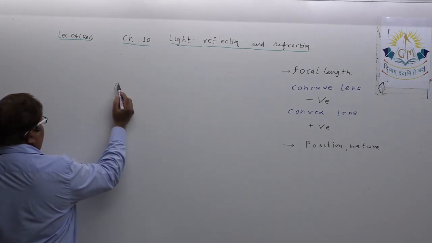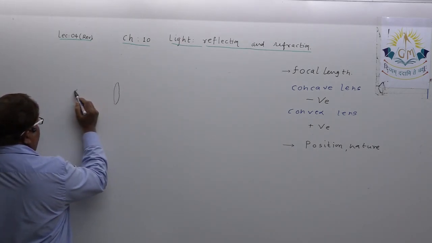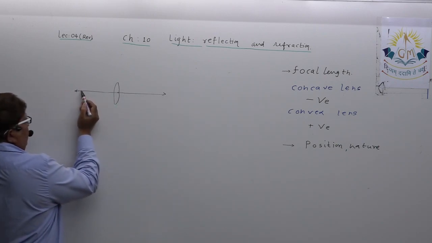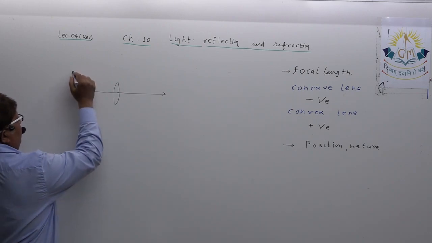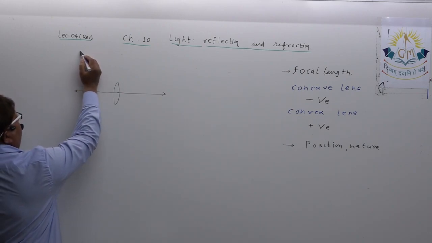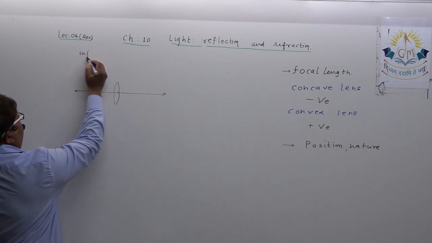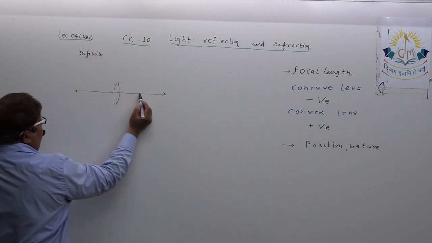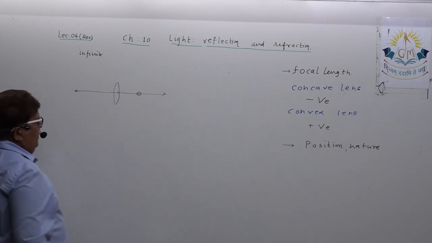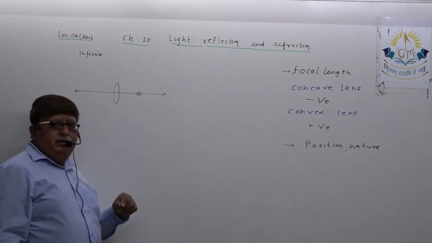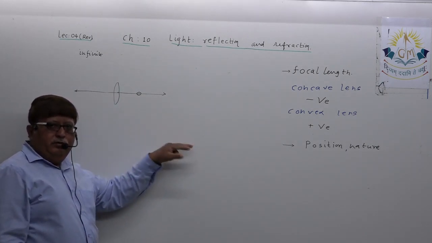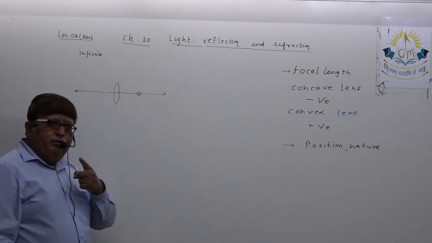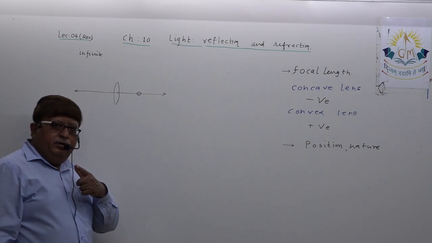Suppose this is a lens. When you keep the object at infinity, the image is obtained here at the focus. It means the image is on the right side, on the other side of the lens, and the image is, as you all know, real, inverted and diminished.